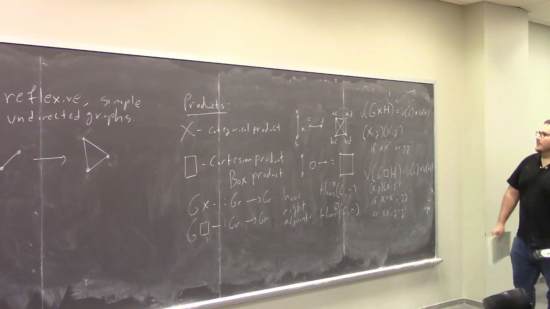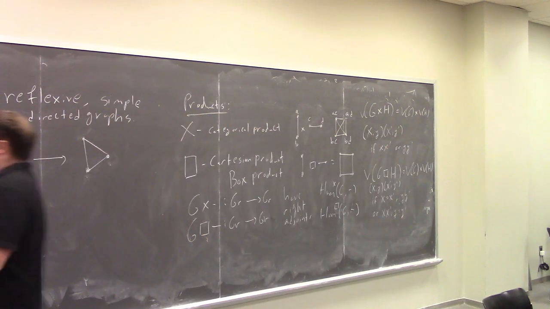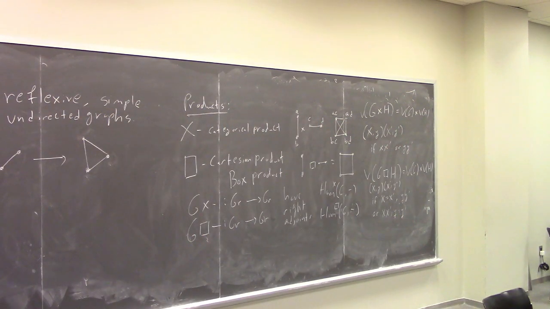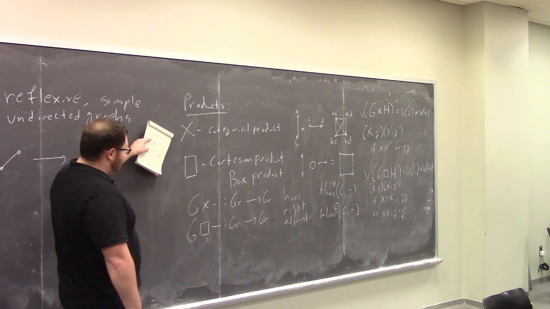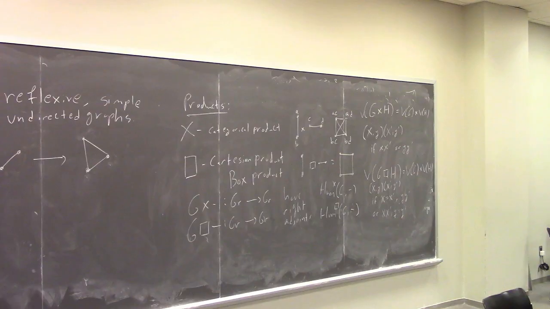Okay, and this is very useful for homotopy theory. And what we're going to focus on today is the categorical product. So each one of these products gives you a different notion of homotopy theory for graphs.